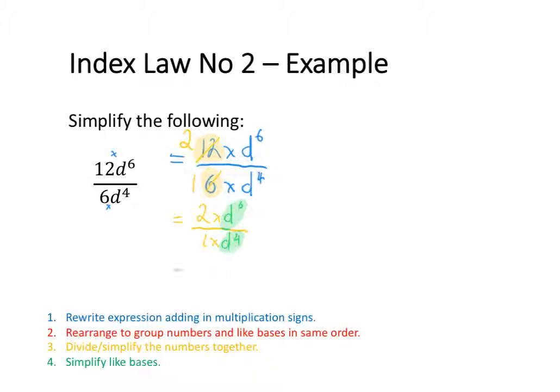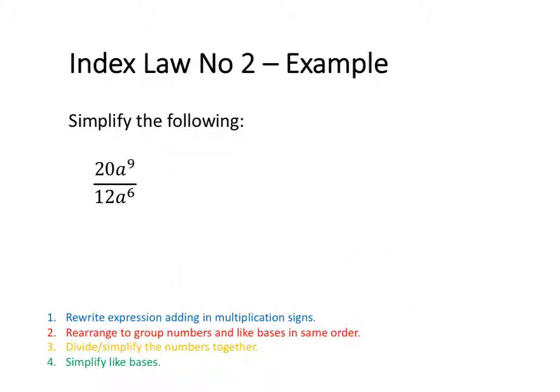So that is going to equal 2 times d to the power of 6 minus 4, and that is still over 1. Because it is over 1 in the denominator, I no longer need to be writing my denominator, so I can cross that out. And then that is going to equal 2d to the power of 2. So 12d to the power of 6 divided by 6d to the power of 4 is going to simplify to 2d to the power of 2.